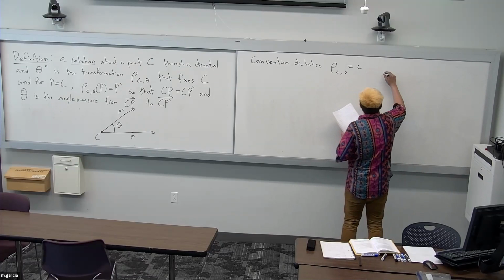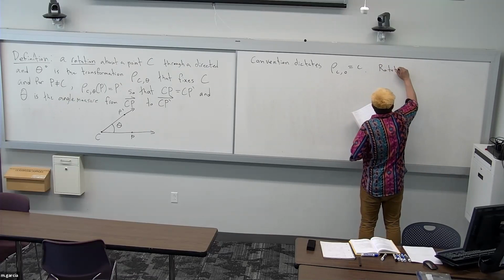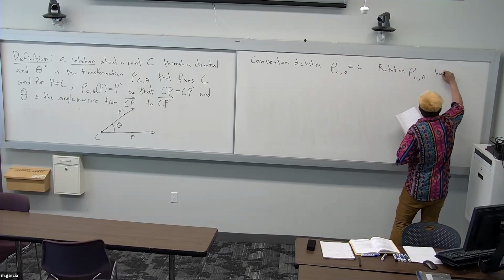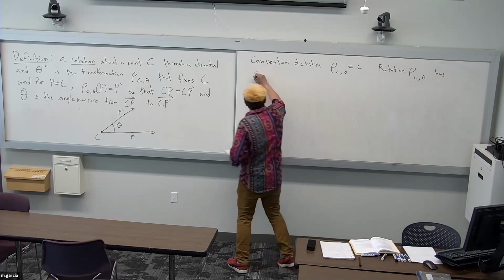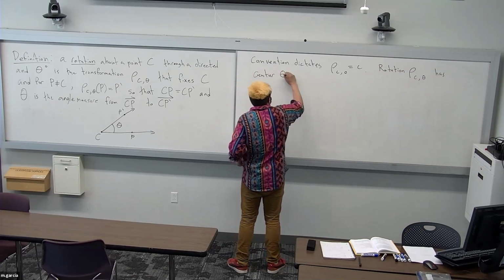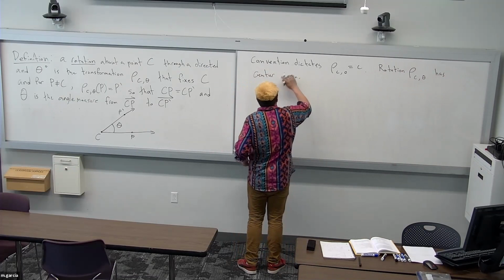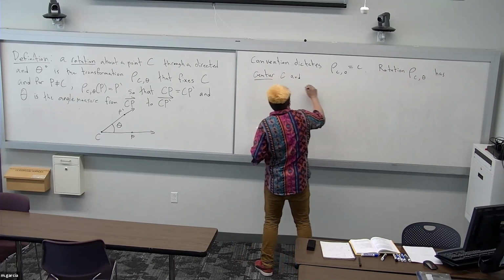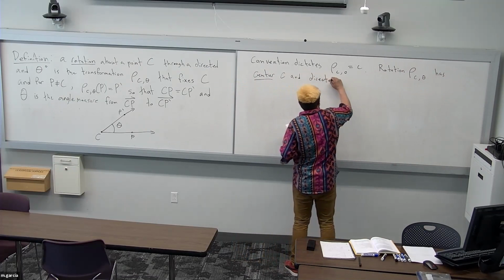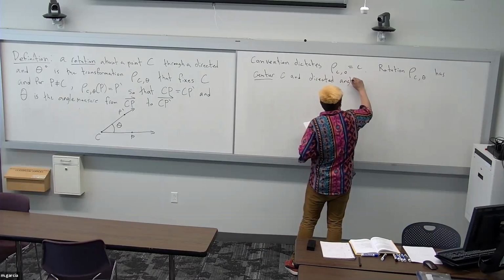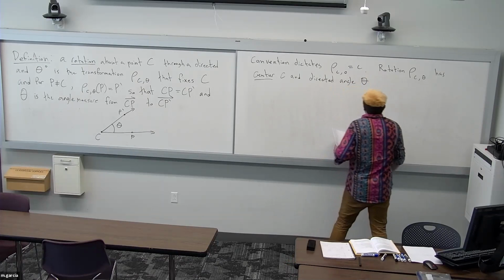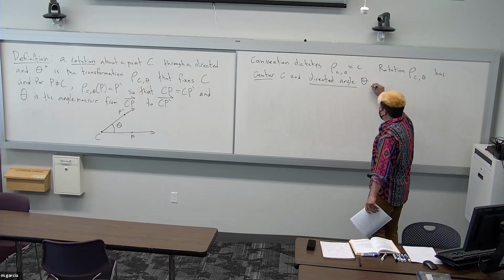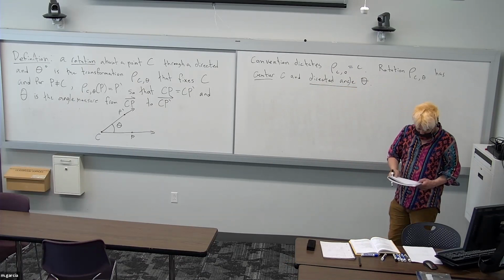And we also say the rotation rho sub c comma theta has center C and directed angle theta.